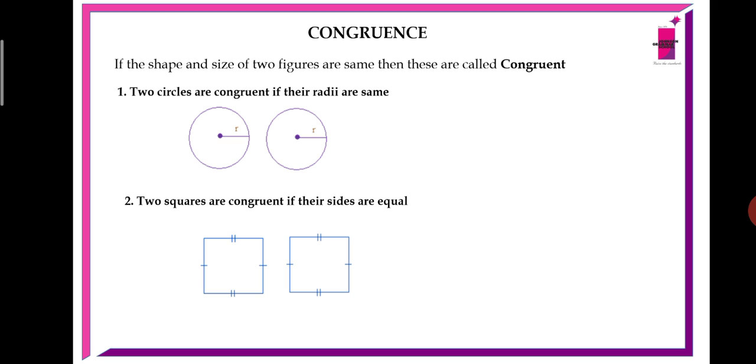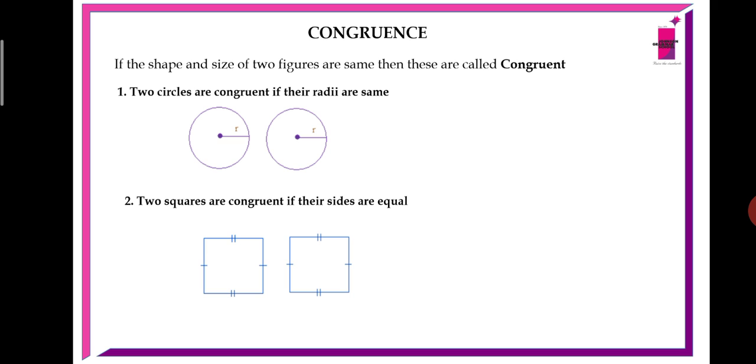Simply we can say that if two objects overlap each other exactly, then those are congruent figures. Two circles are congruent if their radii are the same, because for a circle you have only one measurement, that is the radius.